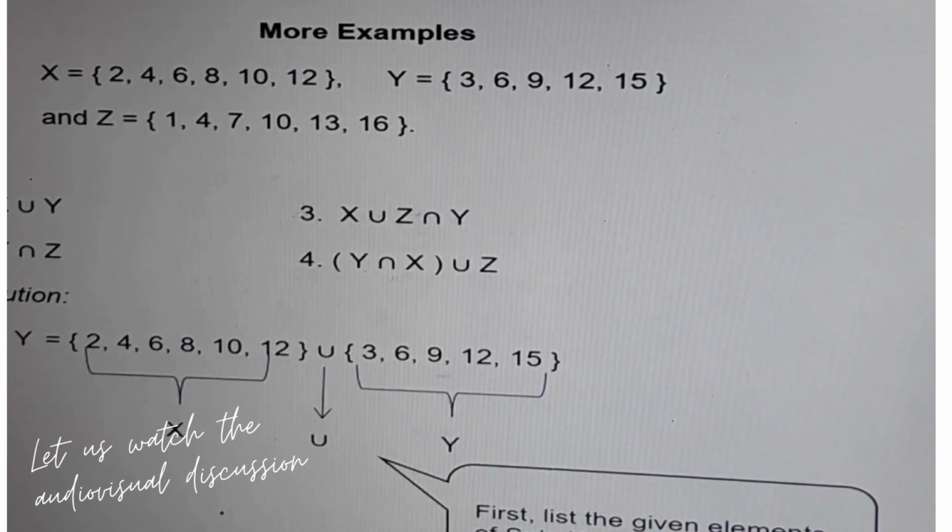Those are the numbers of the union between X and Z. Now what do you think is the intersection with Y, considering the union between X and Z?